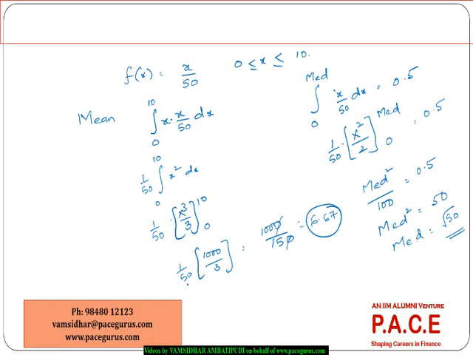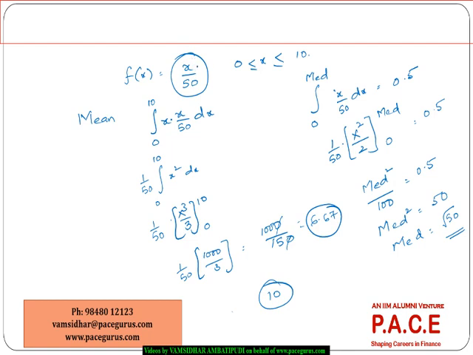And when I'm looking at the mode, the one having the highest probability, so the maximum of the PDF, I know that the maximum value here comes when x is 10.